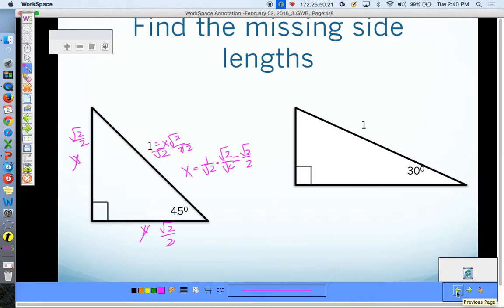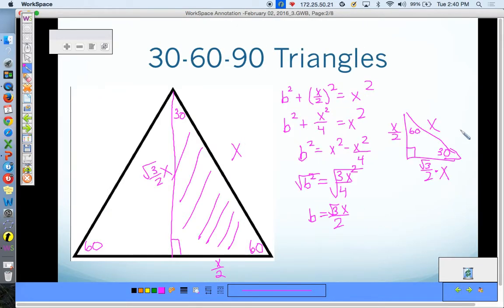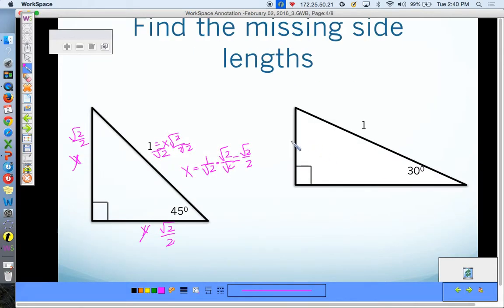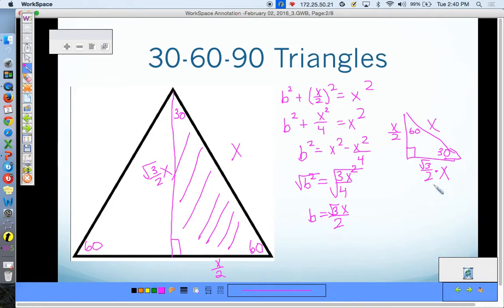Now 30, 60, 90 triangles. Well, we know if the hypotenuse is x, opposite 30 is half of x, so this would be 1/2. And then we have the square root of 3 over 2 times x.